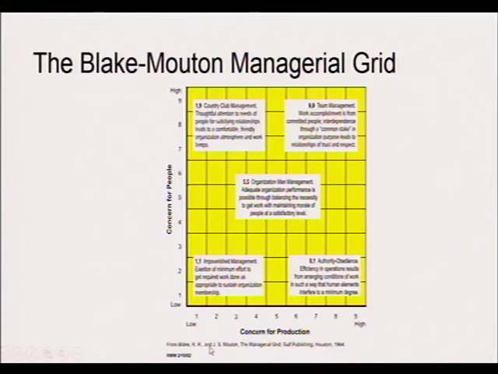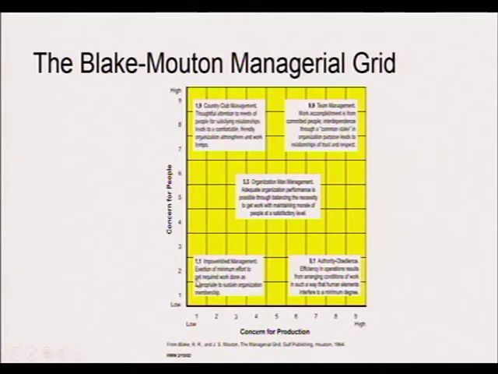axis. So what it means is, if you look at the bottom left corner, which is marked as 1.1, which they call the impoverished management.